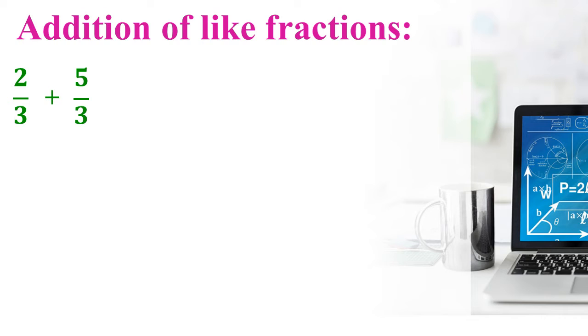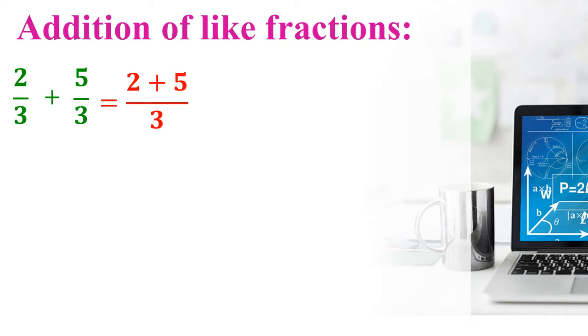Since these are like fractions, we simply add the numerators and then write the common denominator. That's all. So first add the numerators, that is 2 plus 5, and then write the common denominator as it is: 2 plus 5 divided by 3.